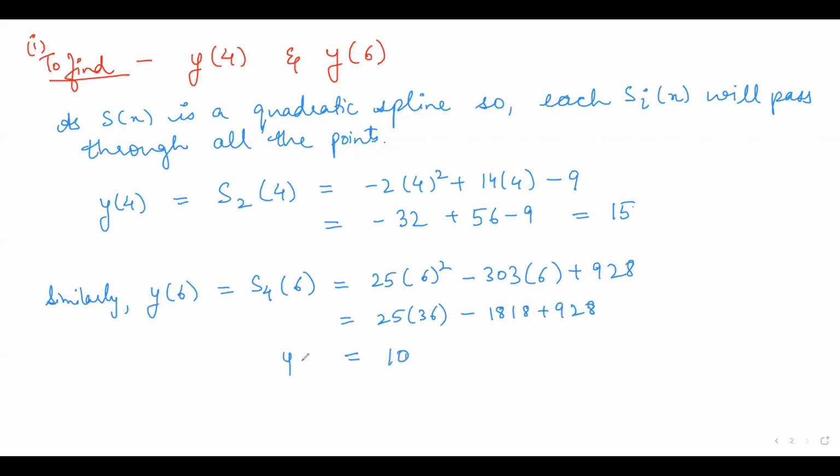So the value of y at 6 is 10, and y at 4 is coming out to be 15. These are the two values, and this is our first part that you need to find.